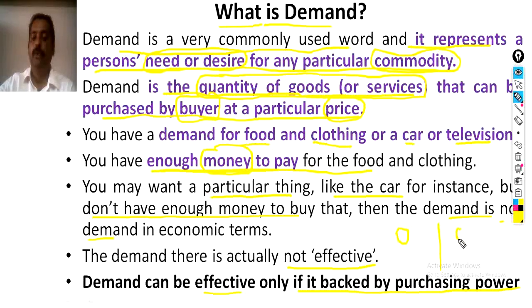Here, if I just visit the mall and come back without purchasing, then it is called not effective demand. And if I go to the mall and I purchase something, then it is called true demand.